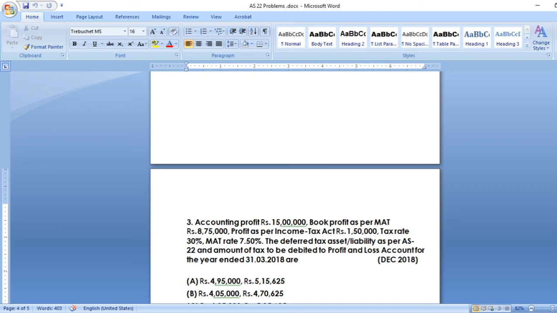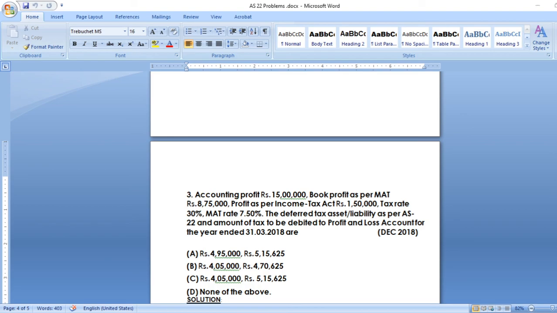So this is the next question. Just go through the question. Accounting profit rupees 15 lakh, book profit 8 lakh 75,000, profit as per Income Tax Act 1 lakh 50,000, tax rate is 30%, MAT rate is 7.5%.